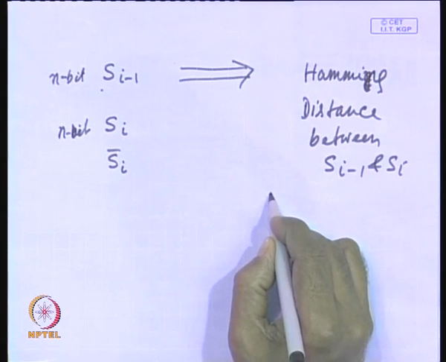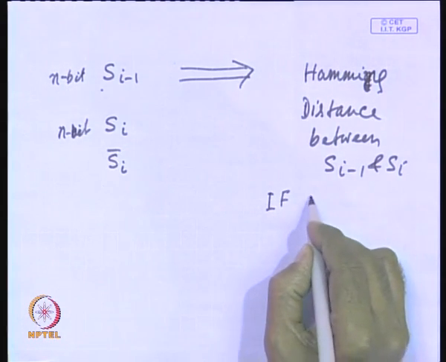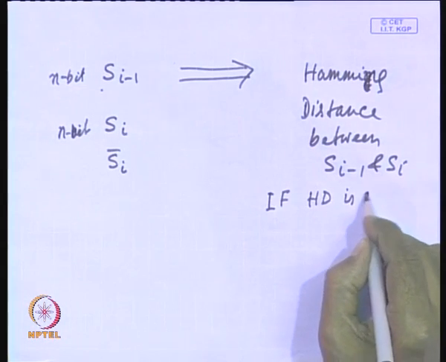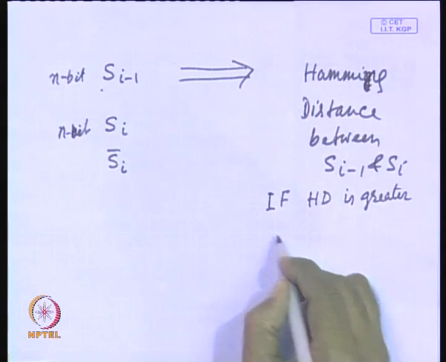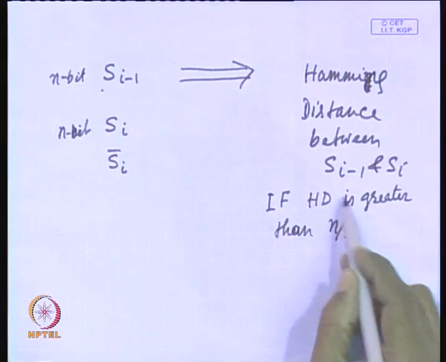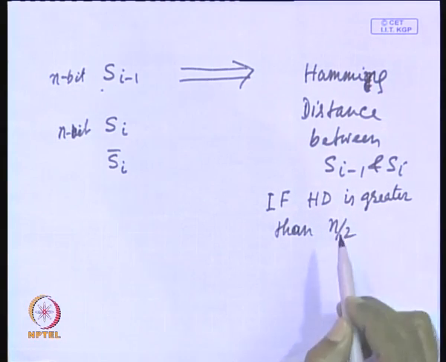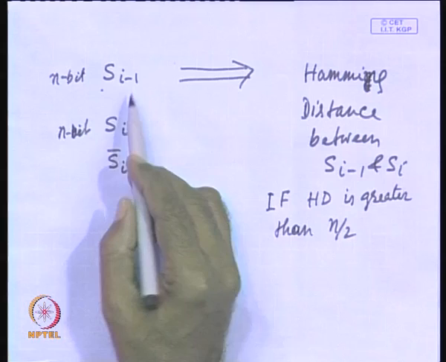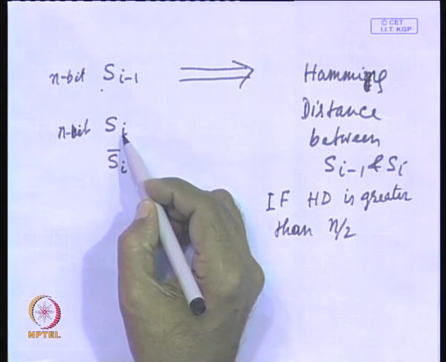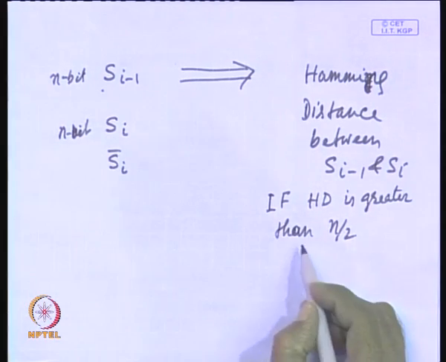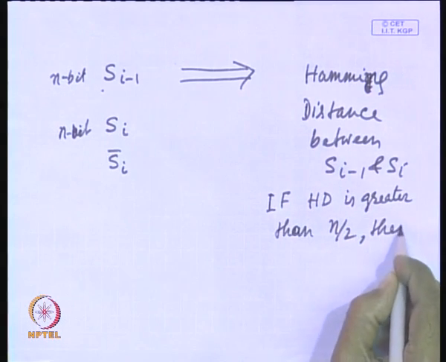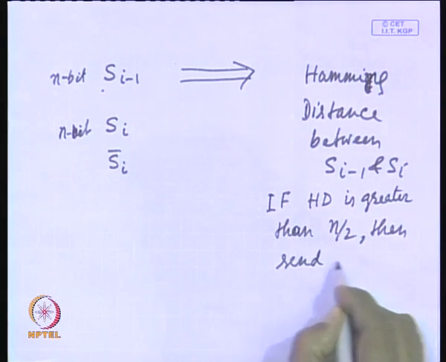So, if Hamming distance HD is greater than n by 2, what we will do? That means, if you send this, the number of bit transitions will increase. That means, the Hamming distance is greater than n by 2. In that case, send SI bar.